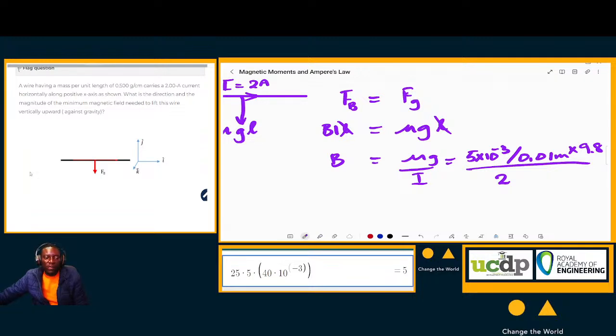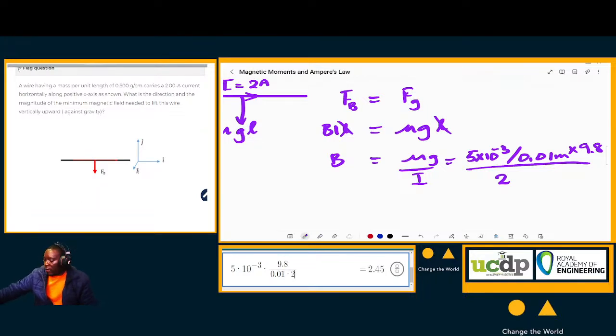That means 5 times 10 to the power negative 3, times 9.8, then divided by 0.01, which is the centimeter, and also divided by 2.